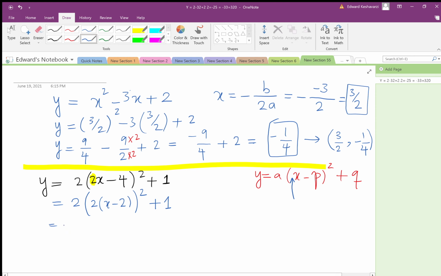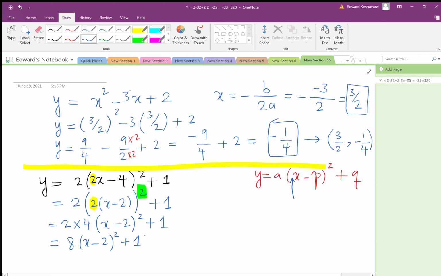Then we can take this 2 out, but we have an exponent of 2 here. If you want to take it out, we need to write it as 4, because 2 to the power of 2 is 4. Now we are one step away from finishing this question, which is 4(x minus 2) squared plus 1.